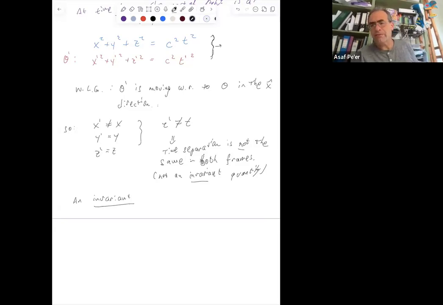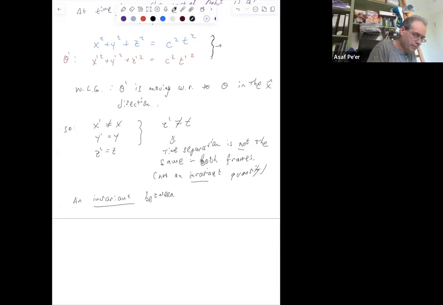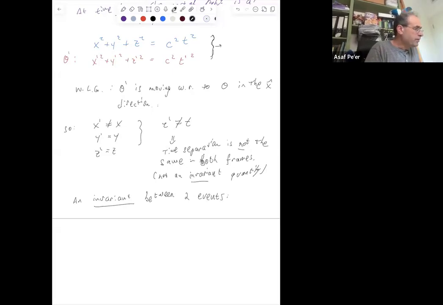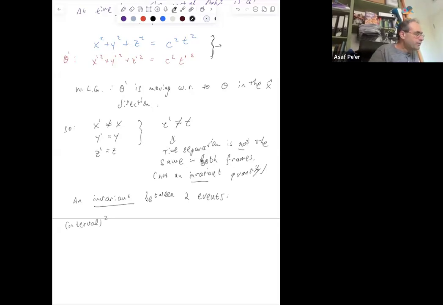So the speed of light obviously is invariant, but also what's called the interval between two events, which is defined as the interval squared, also called delta S squared.